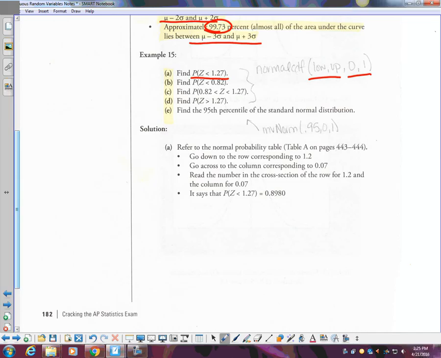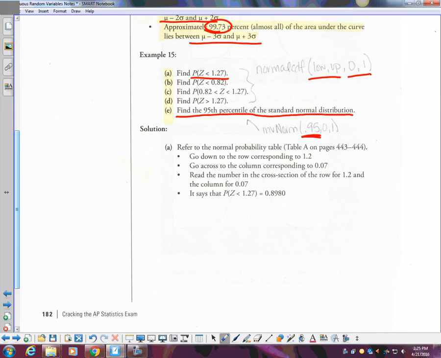What about this one? Find the 95th percentile of the standard normal distribution. I want 95% of the cake. So what do you do there? Do you normal CDF it? No, you inverse norm it. And when you inverse norm, who is he? Always area to the left.